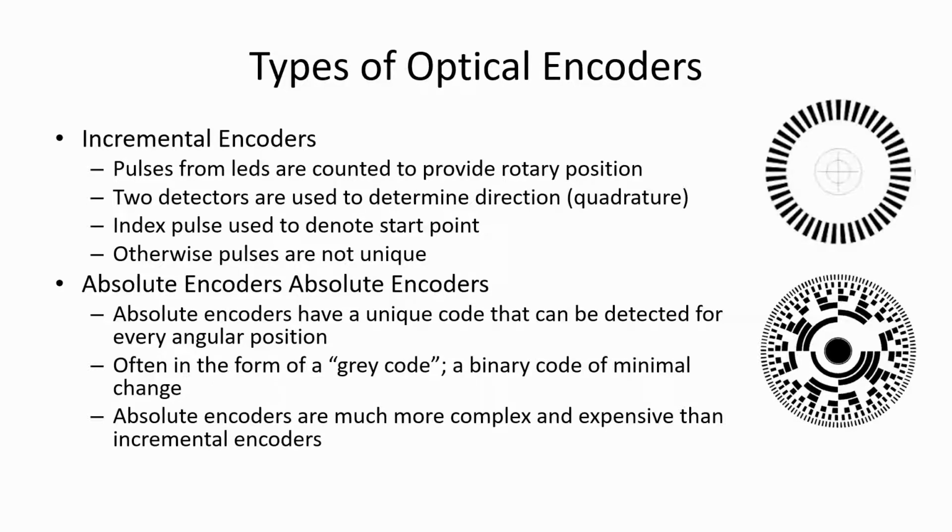Previously we had only 2 detectors. Here, if it is an 8-bit encoder, we need 8 detectors. If the number of bits increases to 12-bit or 16-bit, then the number of LED detectors will increase based on the resolution.